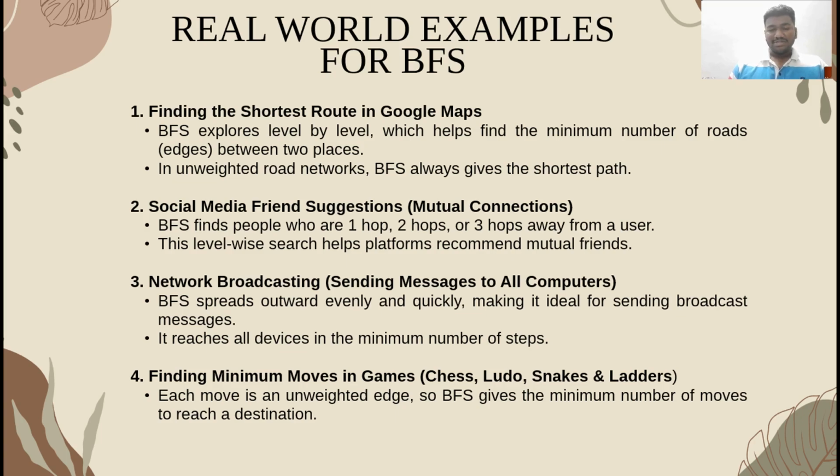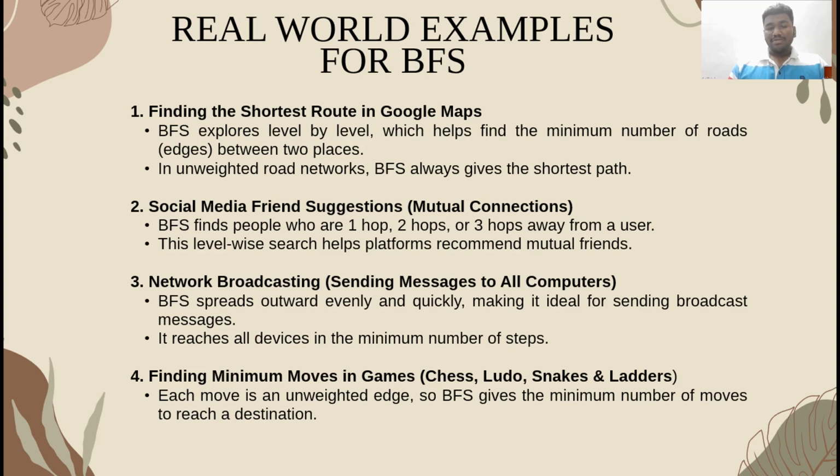Today I am going to tell about the real world examples of BFS and DFS. BFS, breadth first search, is used for finding the shortest path in maps or GPS and broadcasting messages in a network. When a WhatsApp server sends a broadcast message, it reaches all immediately connected users first, then their connections. This follows BFS. Other examples are the customer support ticket system and level order traversal in an organizational hierarchy.